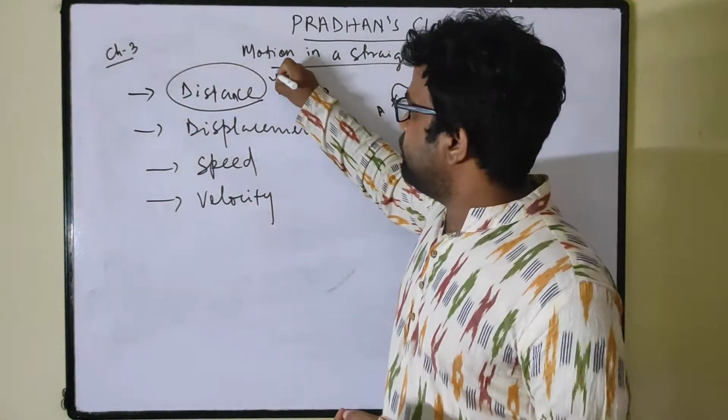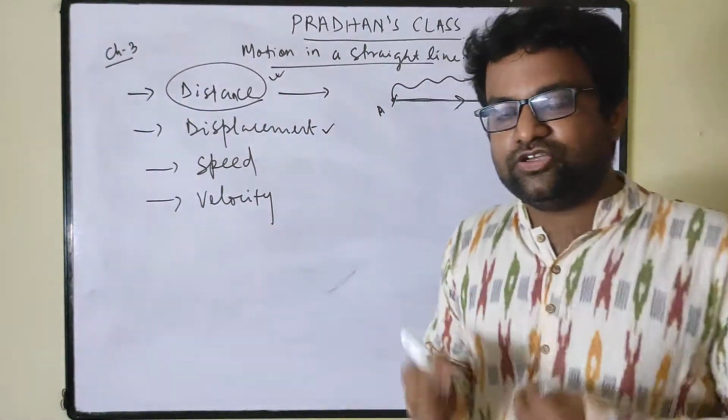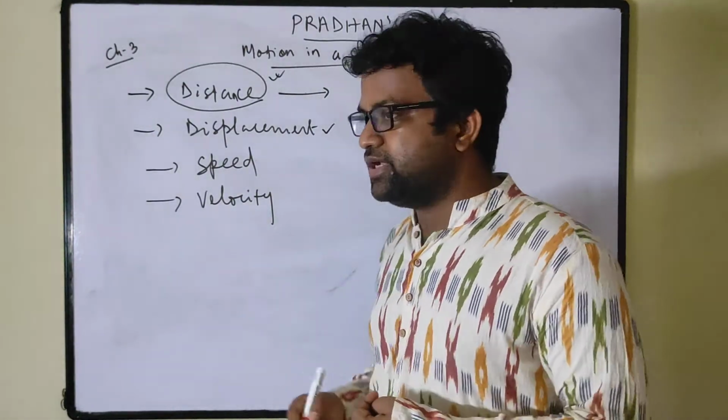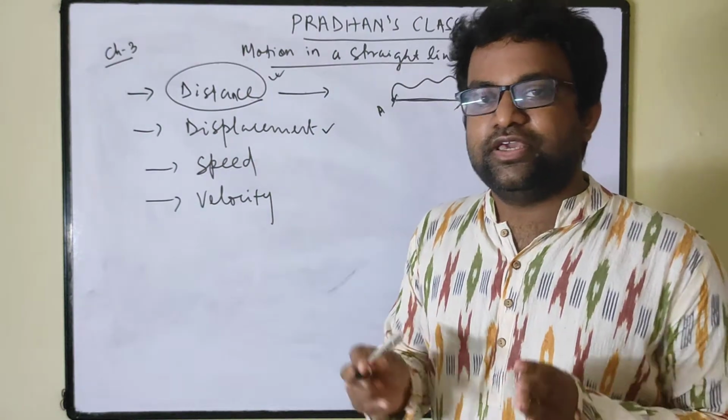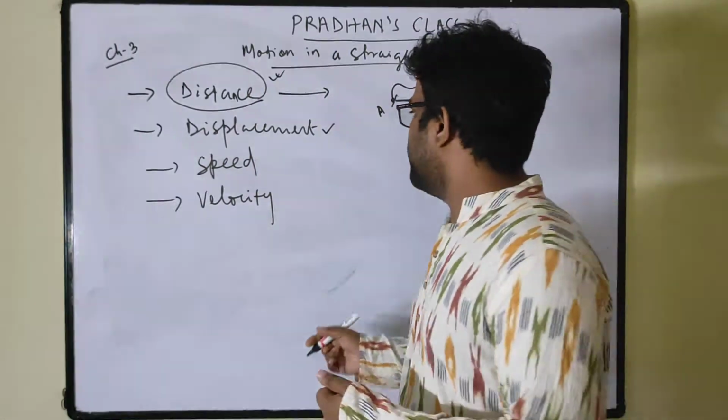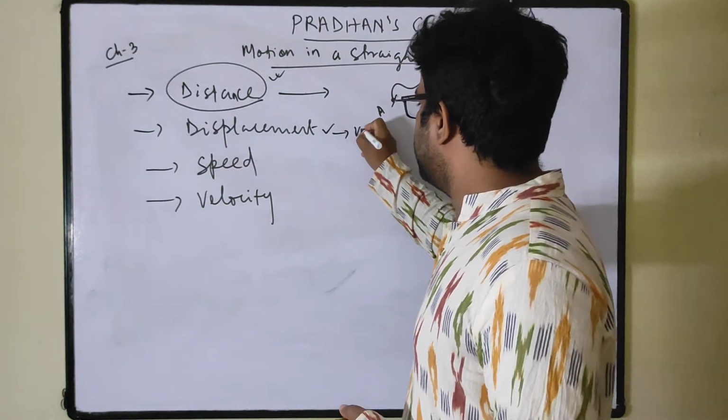So distance is not a vector quantity because direction is not involved with distance, but displacement is a vector quantity because here, along with the magnitude, there is direction involved with it. So displacement is a vector quantity.